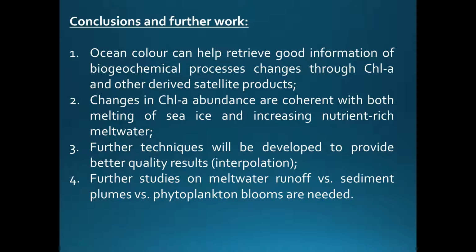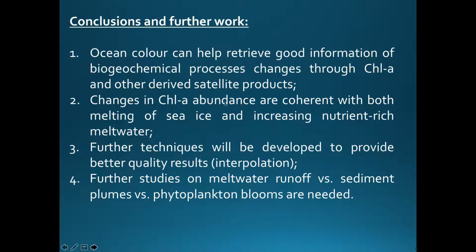So for future work, actually the conclusions first. We know that ocean color is a very important essential climate variable that explains the changes in many biogeochemical processes, and other derived satellite products can also be used, like the downwelling attenuation coefficient that I just talked about.